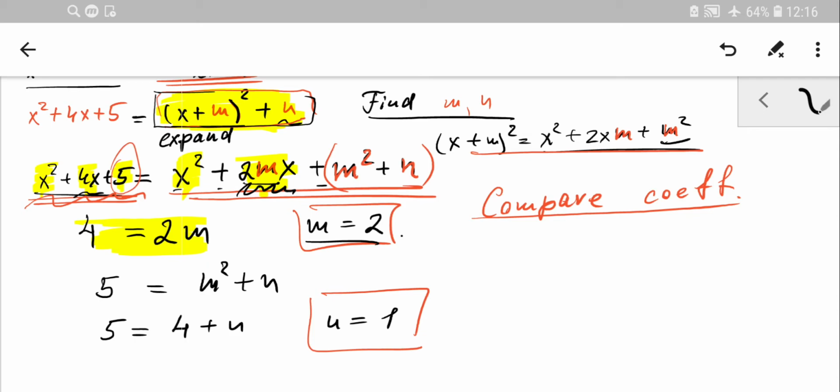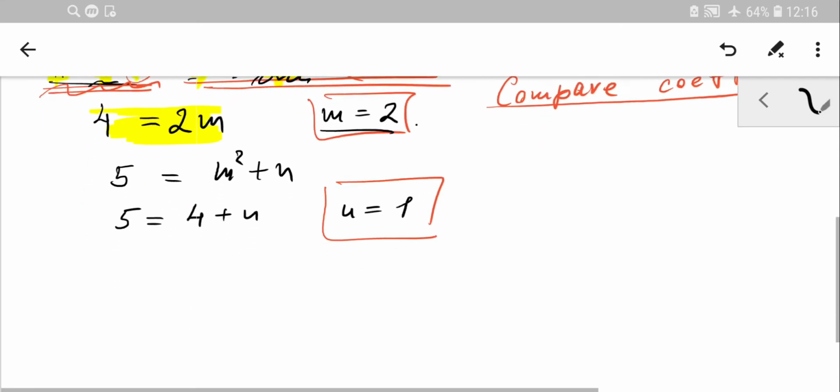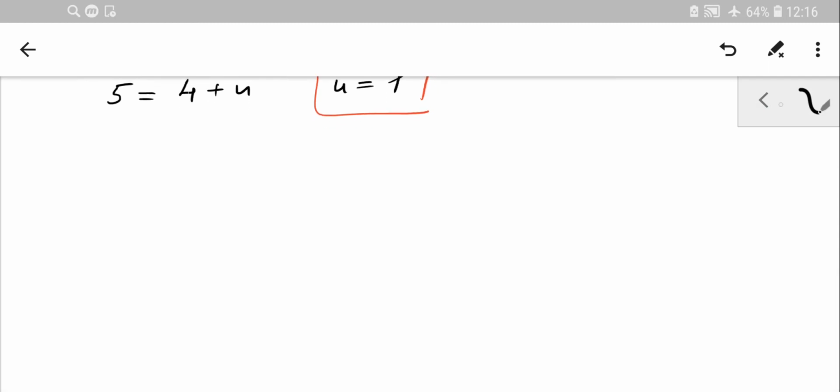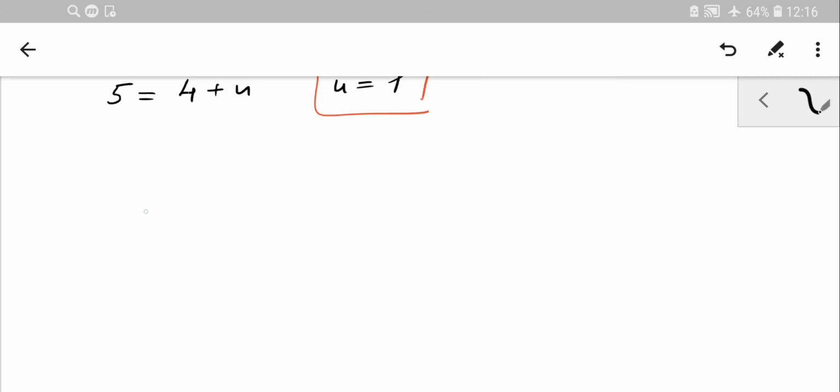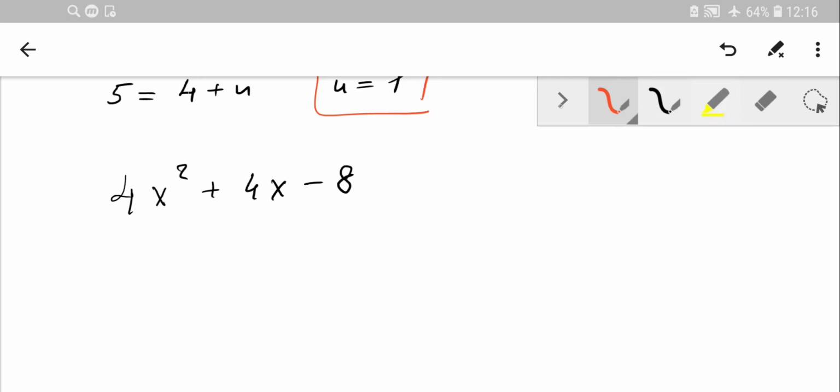Okay, so let's practice a little bit, and today I'll give you a more complicated expression. Let's take this one and try to apply the second way. Let's say we have 4x squared plus 4x minus 8. In this case, what's the difference?